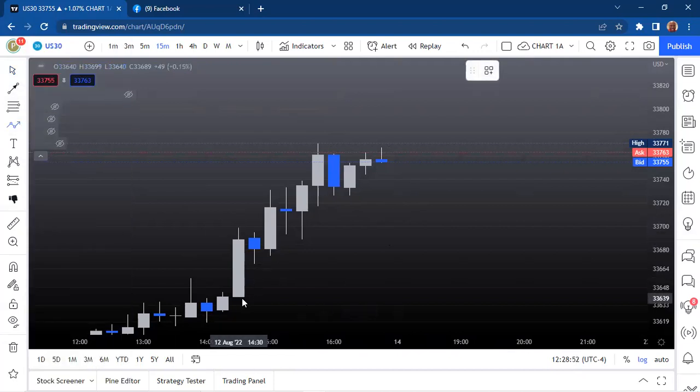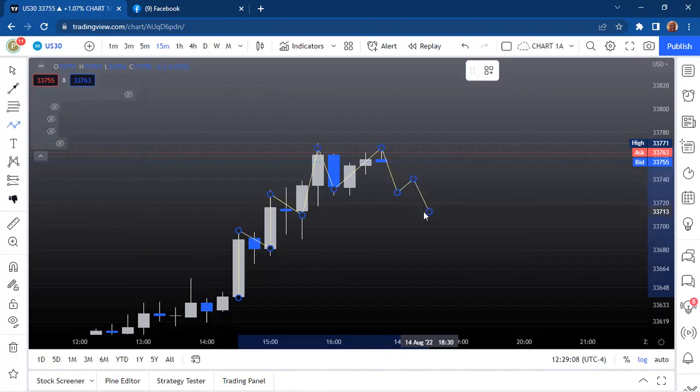Because here, up, down, up, down, up, down, up, right? So it may go down, up, down, and this is all hypothetical because we don't know the future, right?